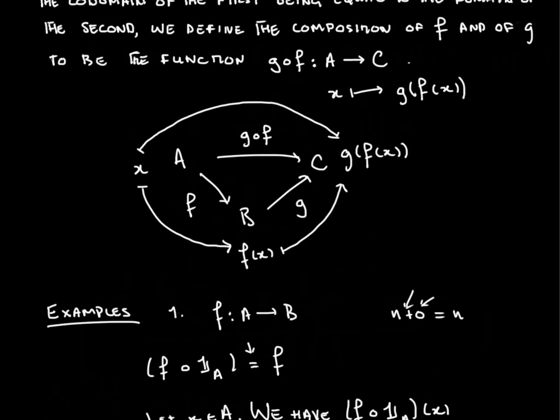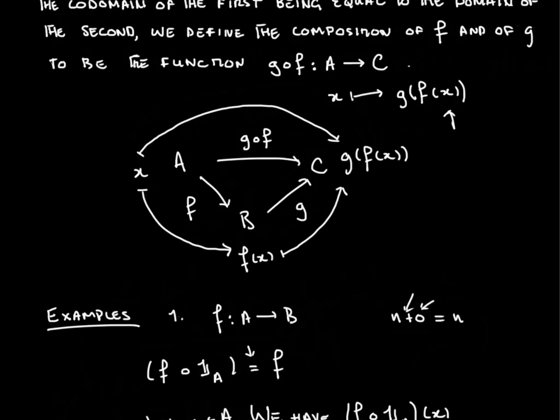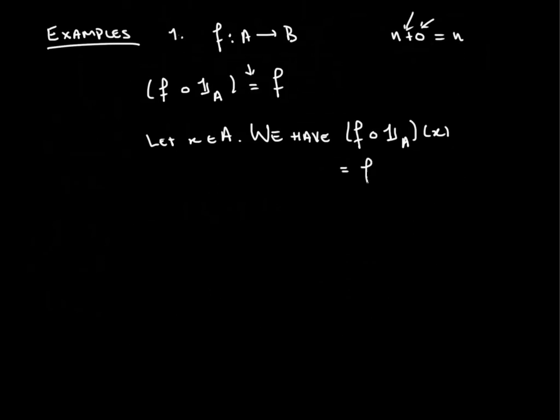Well, by our definition, it sends x to f of the identity of x, like so. Now we know that the identity of x is x itself, so we're going to obtain f of x. So those two are equal. And since we used an arbitrary element x here, this means that those two functions are equal.